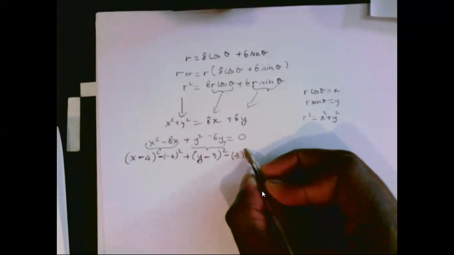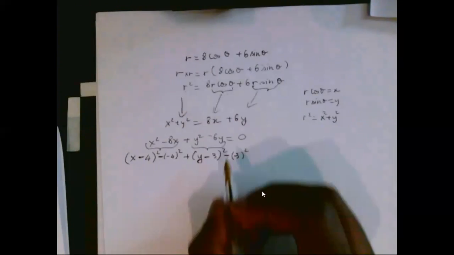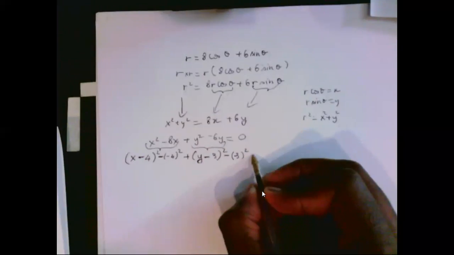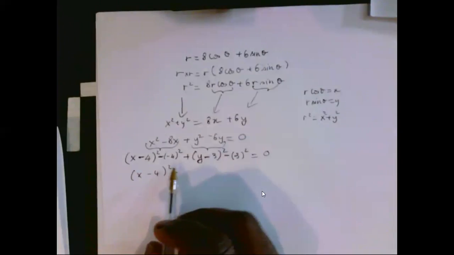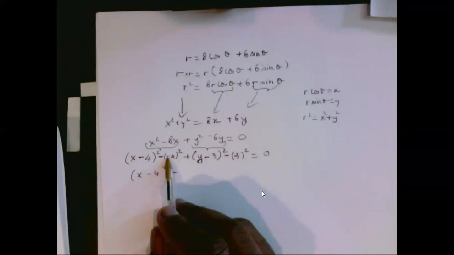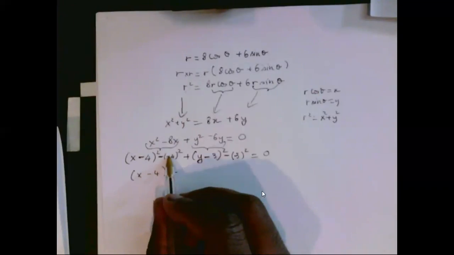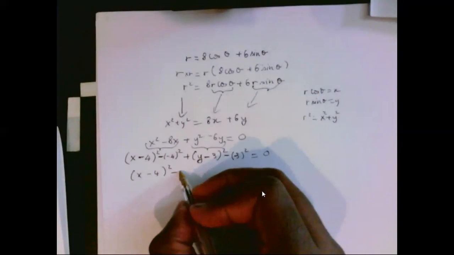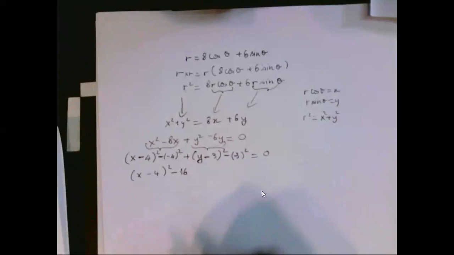So x minus 4, the entire thing squared, minus 4 squared is 16, so the minus stays outside: minus 16. Plus y minus 3 squared, minus 3 squared, which is 9, so minus 9, equals 0. Now I combine like terms, 16 and 9.